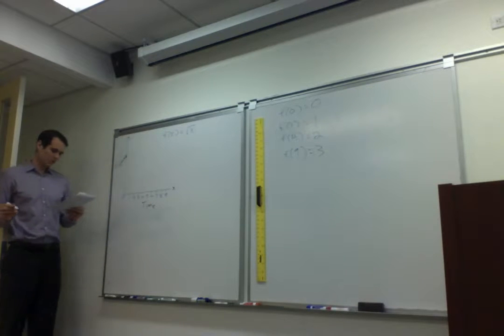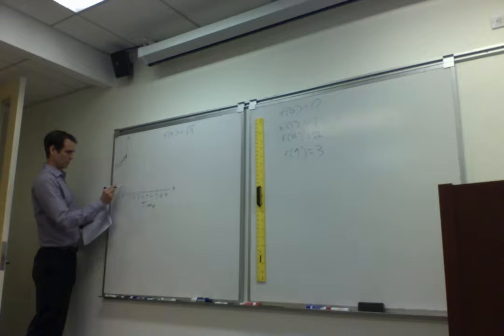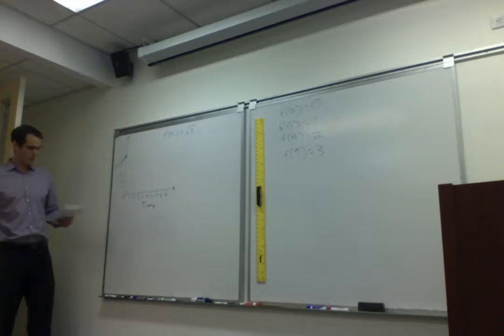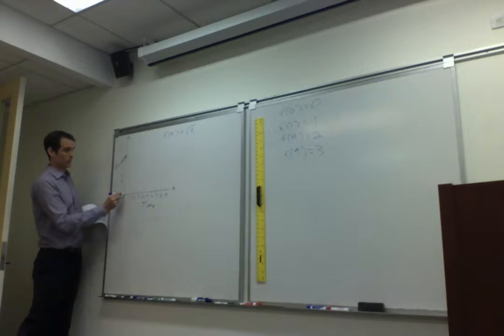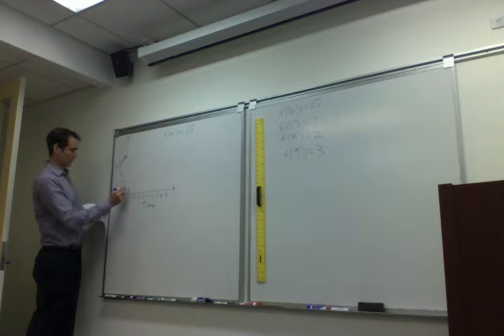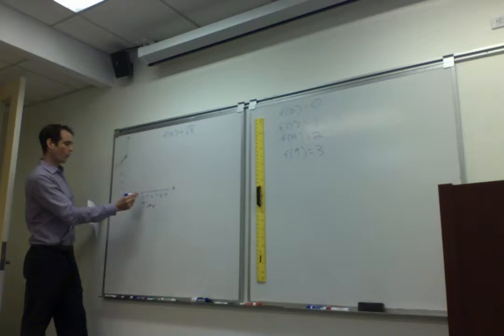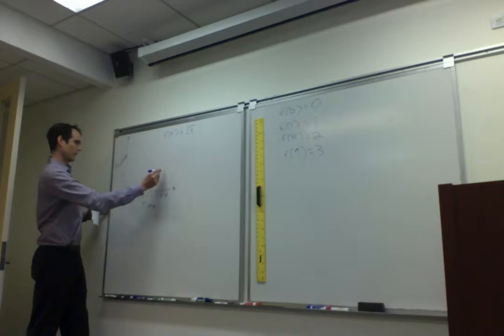Okay, so we've got some points here. 1, 2, 3. Now we've got some points for our equation. We've got 0, 0. We've got 1, 1. We've also got 4 and 2. All right, and we've got 9 and 3.